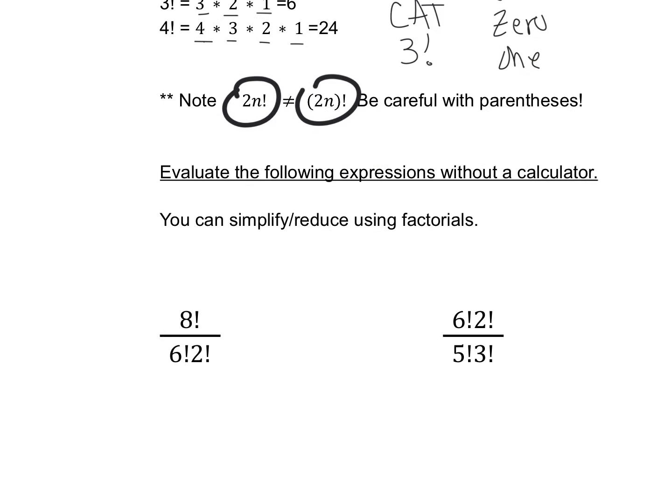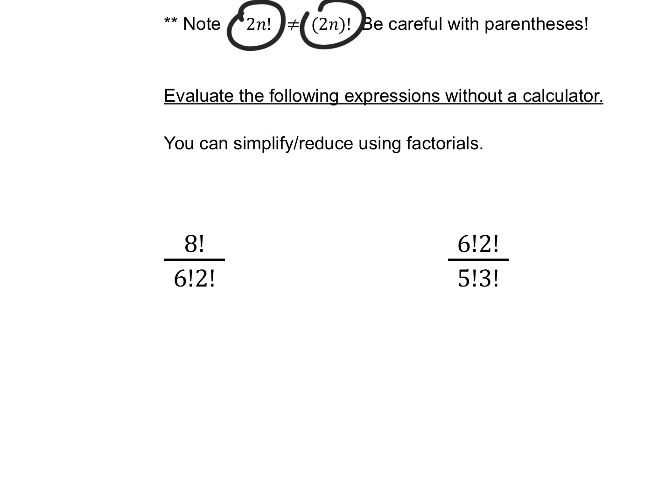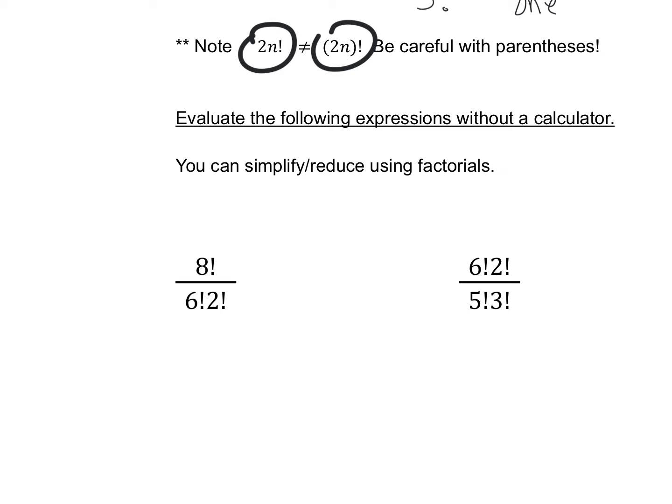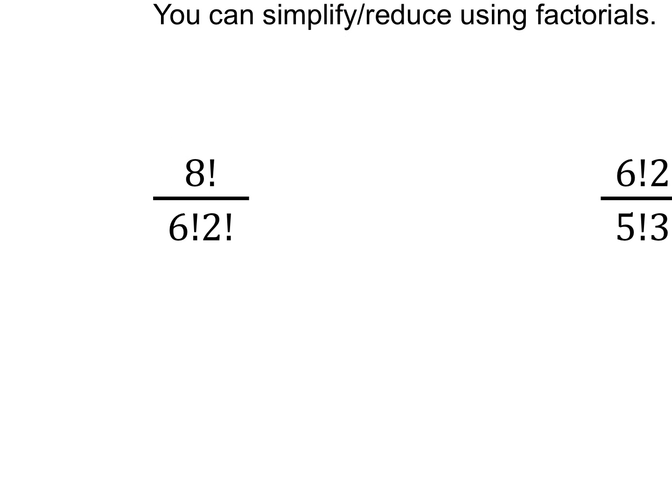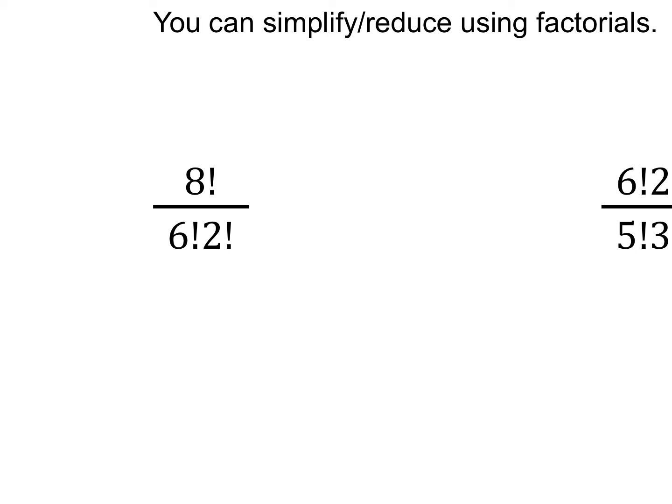So we can also use factorials to simplify and reduce. If we have 8 factorial divided by 6 factorial times 2 factorial, 8 factorial can be written as 8 times 7 times 6 factorial, because 6 factorial means basically 6 times 5 times 4 times 3 times 2 times 1.